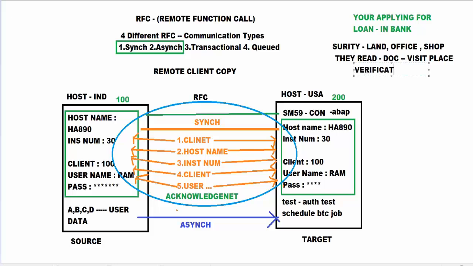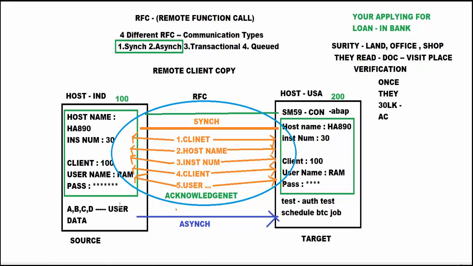So if the verification is done by the bank officers, then what is the next step? The bank officers have already read your documents, the papers which you provided. They already verified that the documentation is fine, and that the land, office or shop is fine.